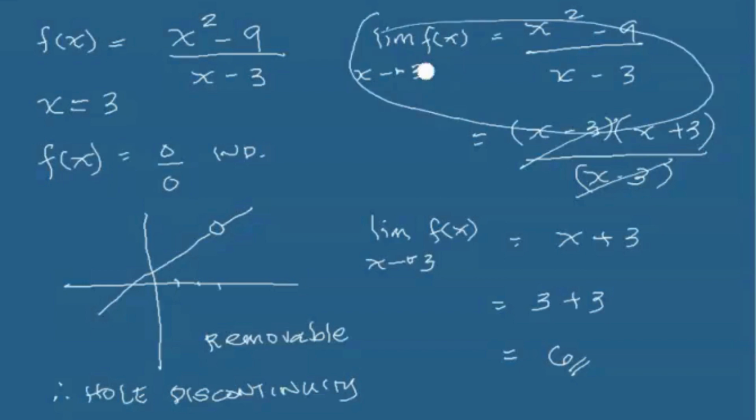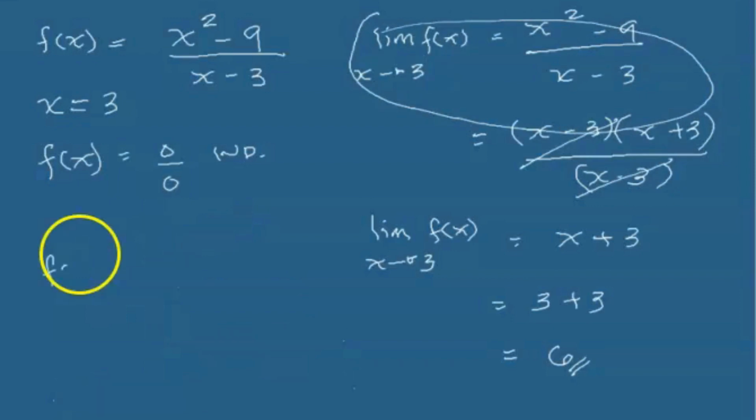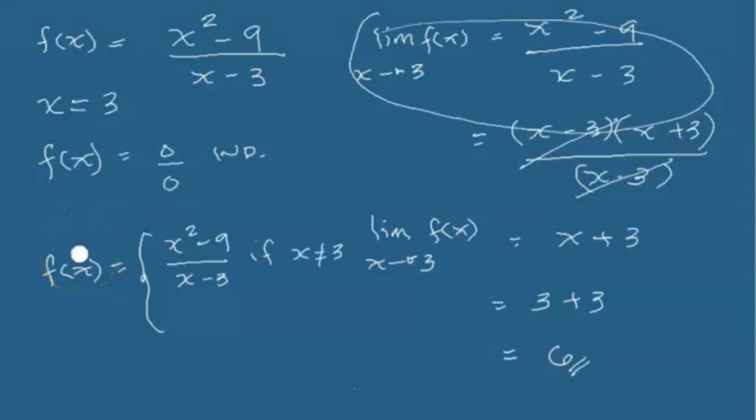We can write that as f of x is equal to x squared minus 9 over x minus 3 if x is not equal to 3, and it's equal to 6 if x is equal to 3.